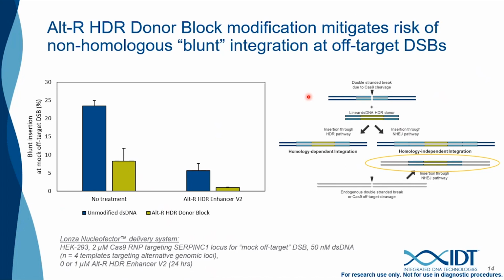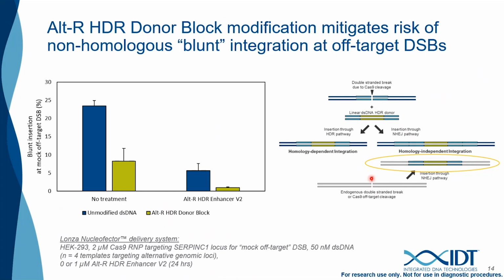Okay, so the final bit of data I'm going to share in this portion of the talk is focused on assessing how the Alt-R modification helps reduce the risk of homology-independent or blunt integration into the genome. Here we're focusing more on the insertion into a non-targeted double-stranded break.